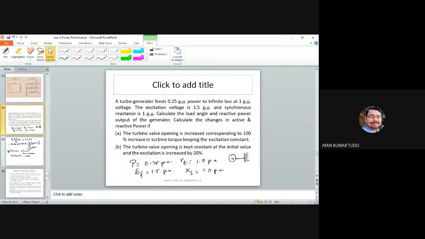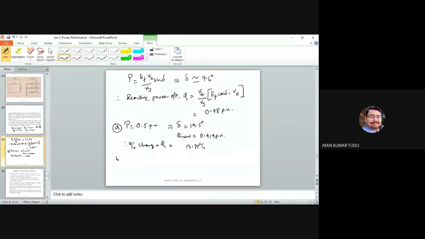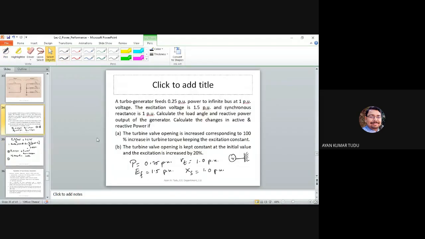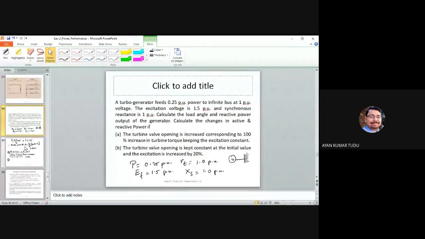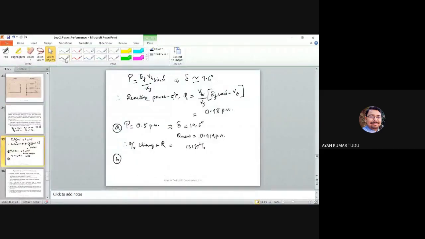So EF would be increased by 20%, meaning EF would become 1.5 into 1.2. With this, and keeping in mind that P is again the previous value, 0.25 per unit, find the new value of delta, find the new value of Q, and then find the percentage change in Q.